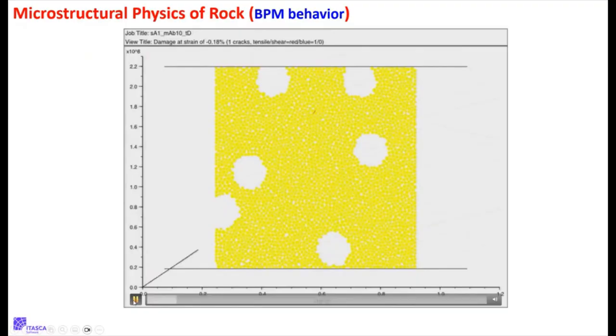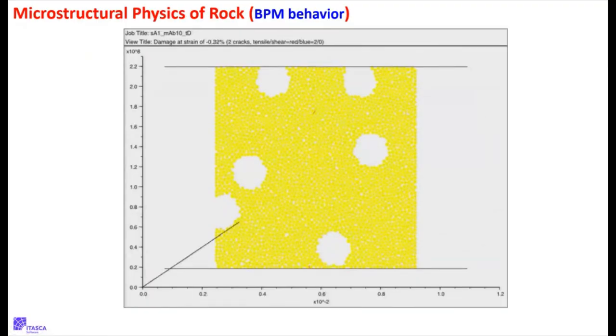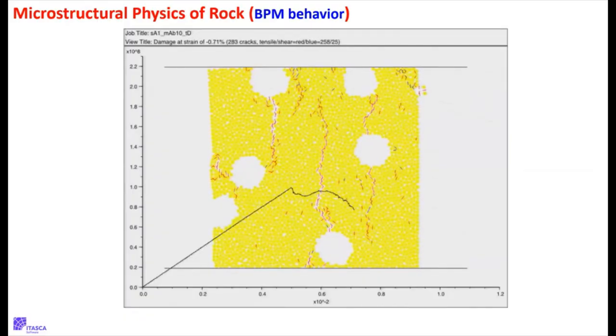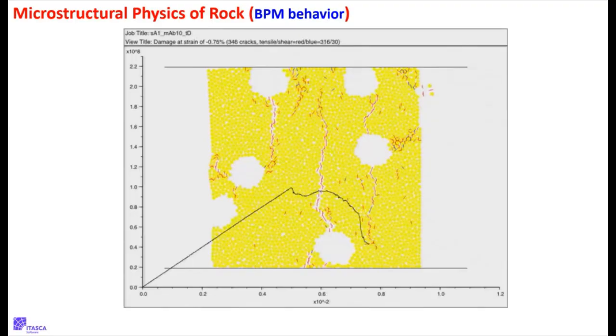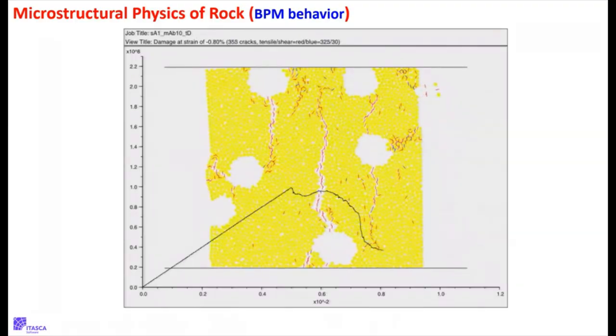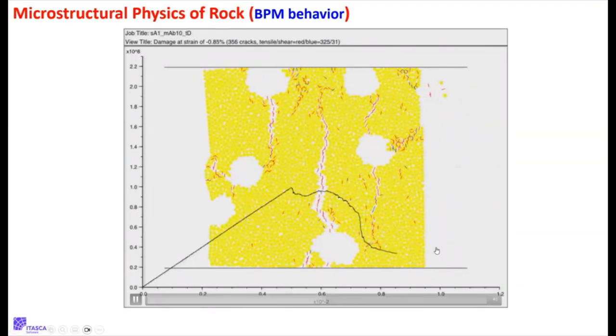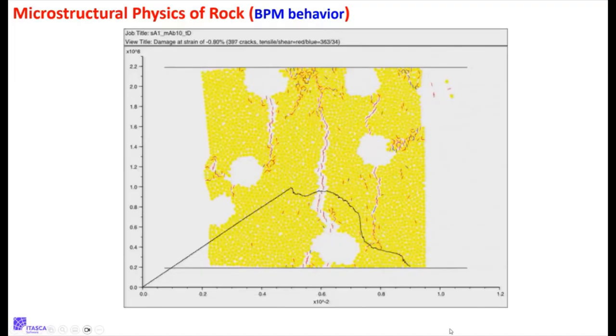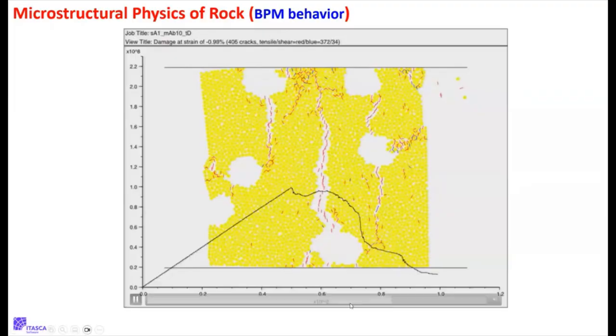Let's just let it run through. Now it's going to start cracking. And it still has some load carrying capacity. And we continue to squeeze it, but you can see it's broken up into these columns.